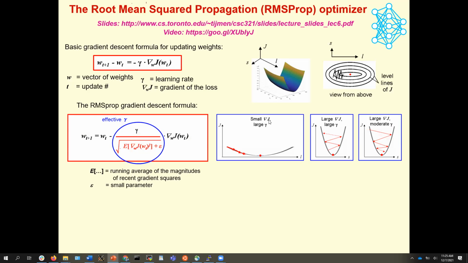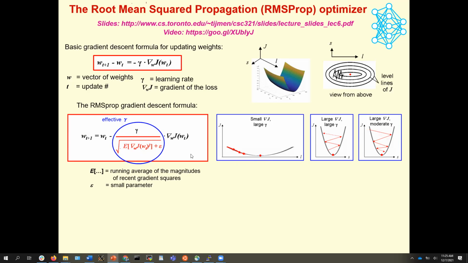So if the gradient of loss is small, a shallow gradient, then the value in the denominator will be small, and we will have a large effective gamma, which we need in this case, because the bigger the learning rate, the faster we reach the minimum.